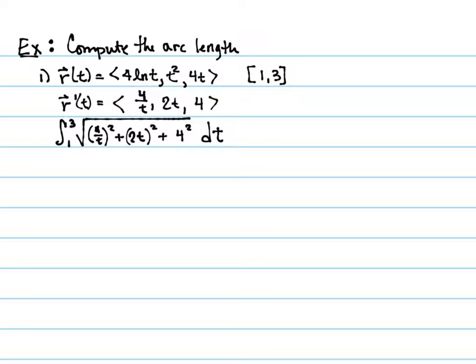Okay, so far so good? Okay, so we're going to square each of the components and then simplify the result of what's underneath that radical. So we have 16 over t squared plus 4t squared plus 16.